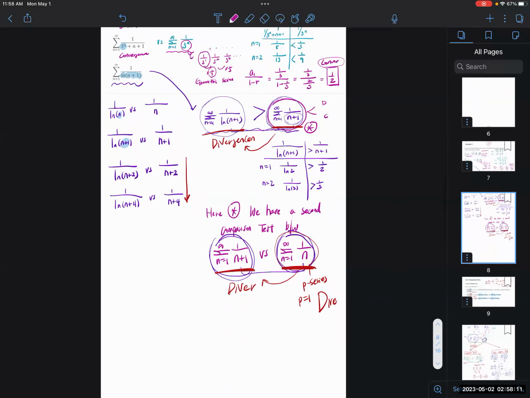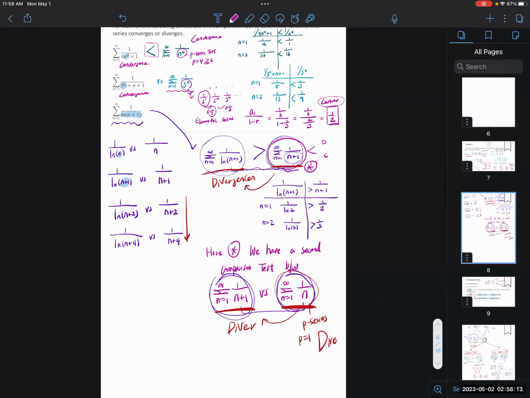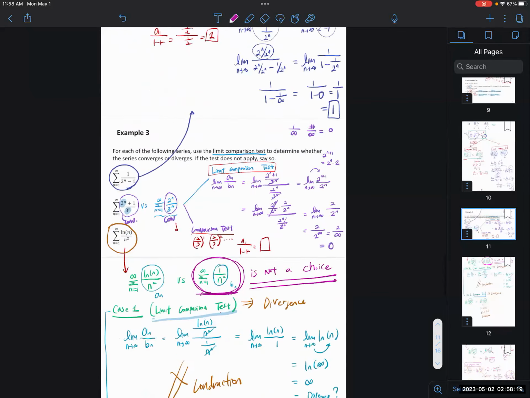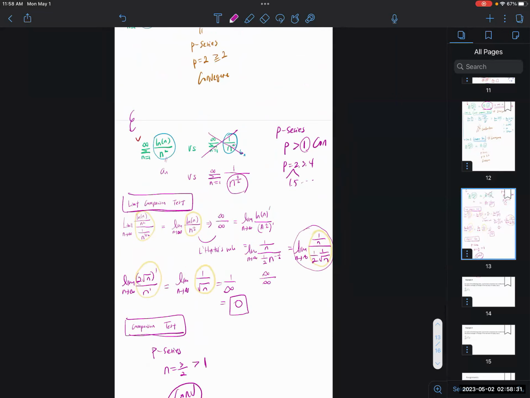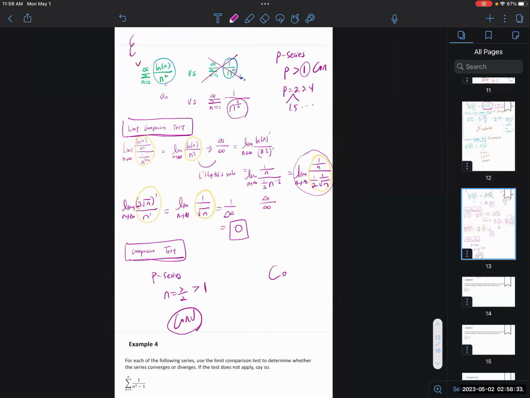So if it is greater than 1, we can count 1.1, 1.2, whatever. This is 1.5, so automatically convergence. So both the limit comparison test and the comparison test indicate that this series converges, especially heading to 0.